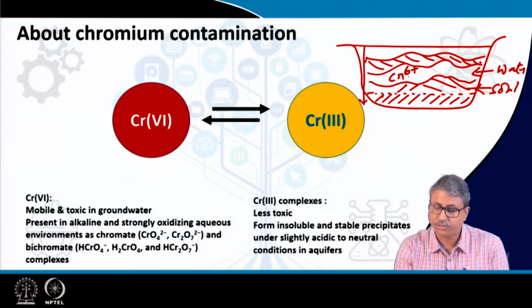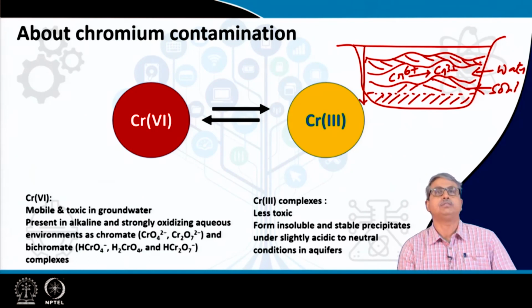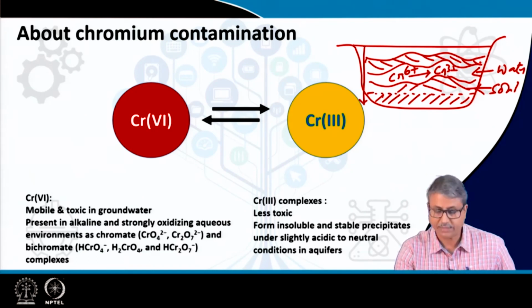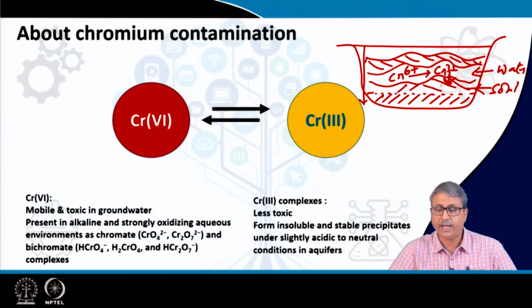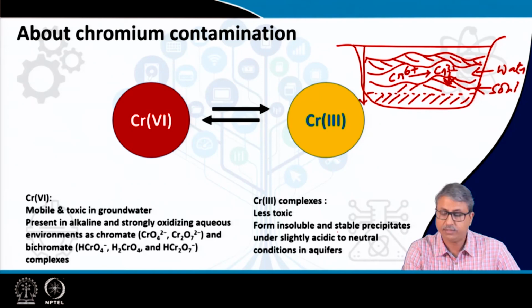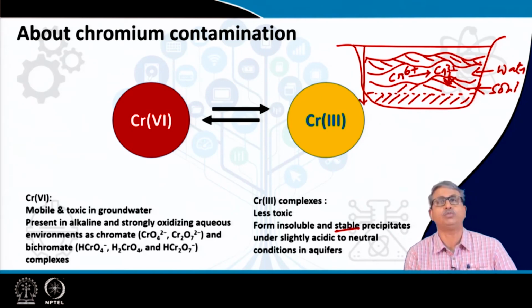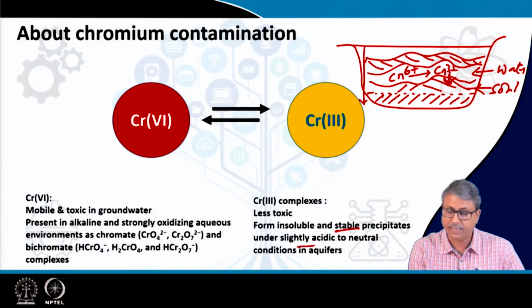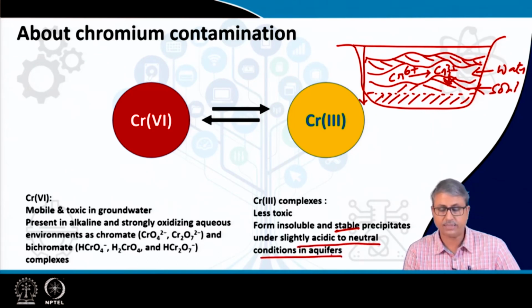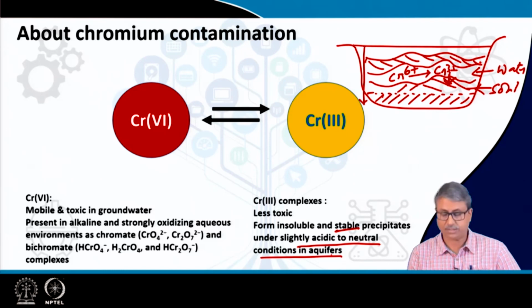Now, the moment you convert this chromium 6 to chromium 3, chromium 3 cannot stay in the aqueous phase. Basically it forms insoluble complexes with the available ligands and precipitates, and the precipitates are quite stable. That means the precipitates that are formed will not readily oxidize back to chromium 6, particularly under slightly acidic to neutral conditions, and most of the aquifers that we are dealing with are circumneutral.